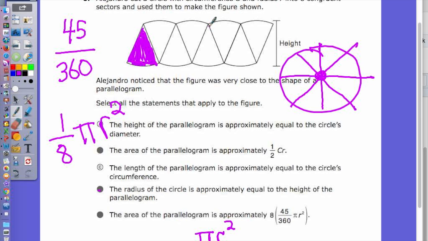From the pointy edge to the end of the circle, that's the radius. I actually did this one at home, and I was having a hard time with it, so I drew out the circle, and then I was able to better do it.